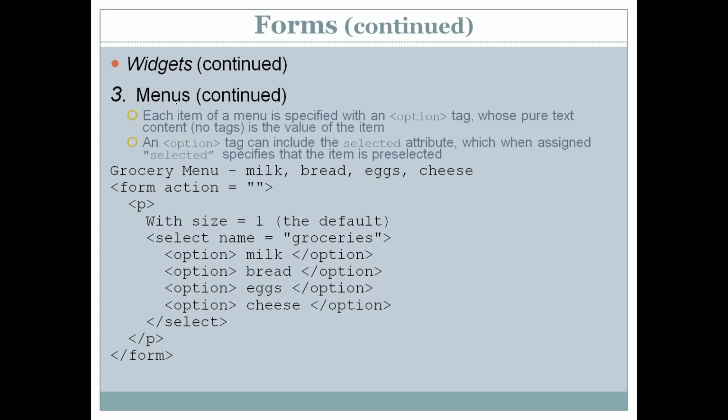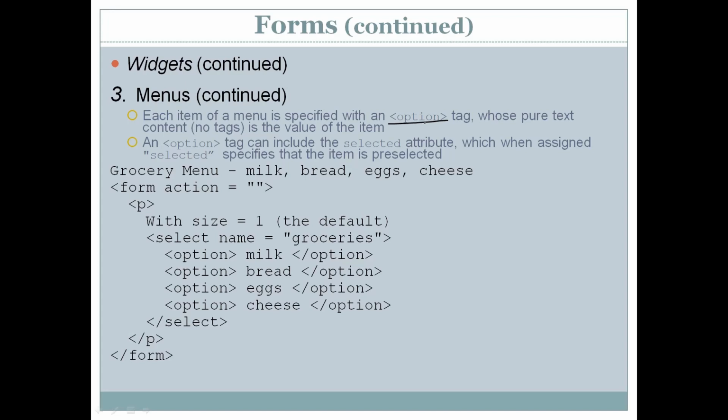There are some more points about menus. Each item of a menu is specified with option. A menu can be created with the tag select, so we have to start with select, but every item in a menu should be declared with one more tag.